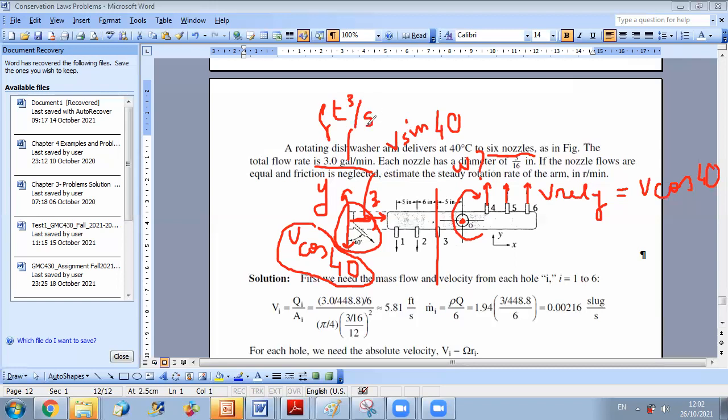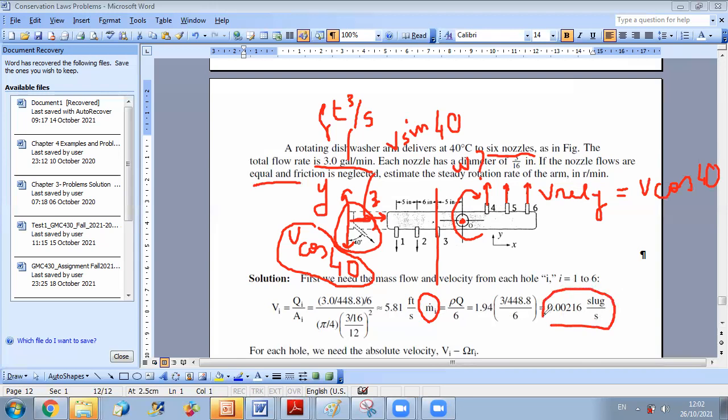Then to get m dot, we multiply by rho. Since the flow is equally distributed between the 6 nozzles, for each nozzle m dot is rho Q over 6. So you can calculate m dot for the different nozzles in slug per second.